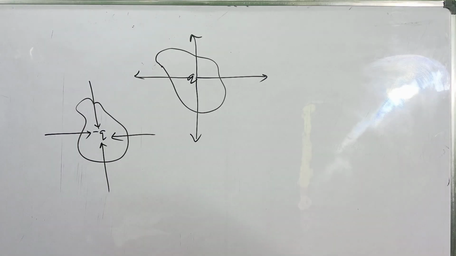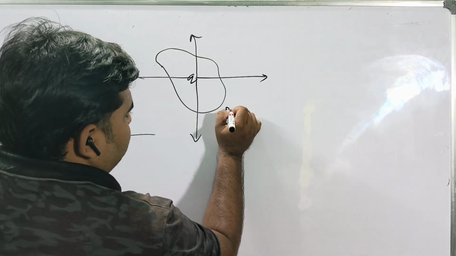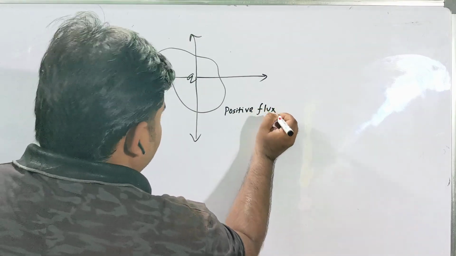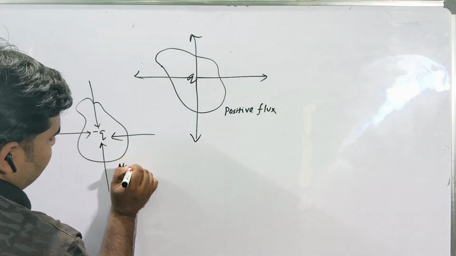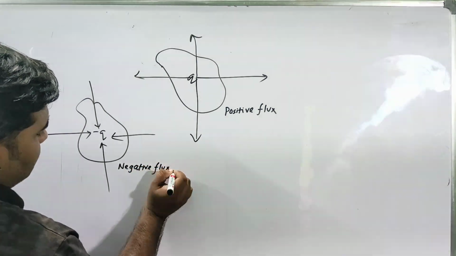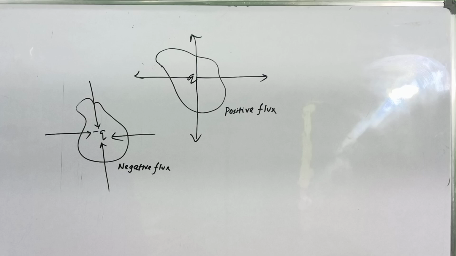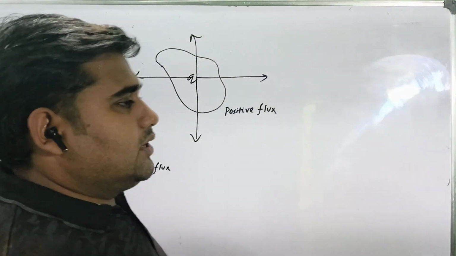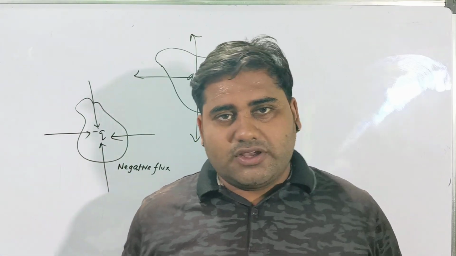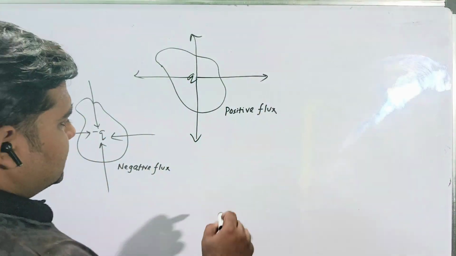In this case, it is positive flux. In this case, it is negative flux. And you have also seen what zero flux is in the previous diagram.